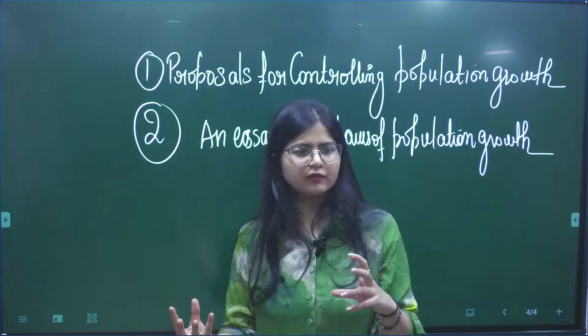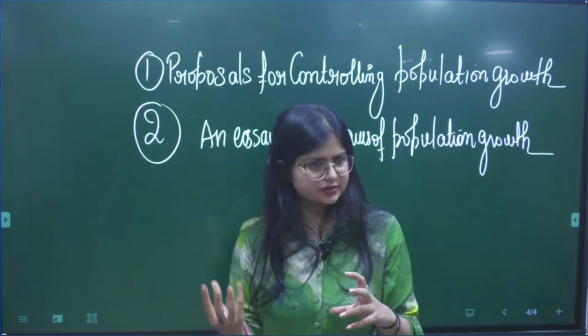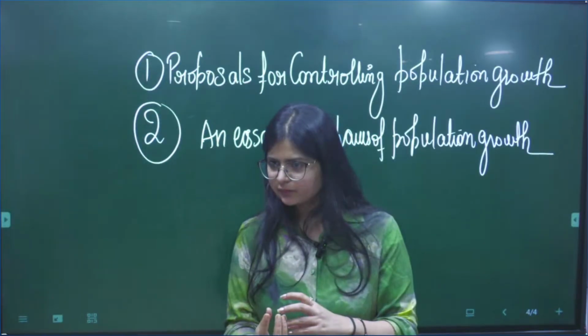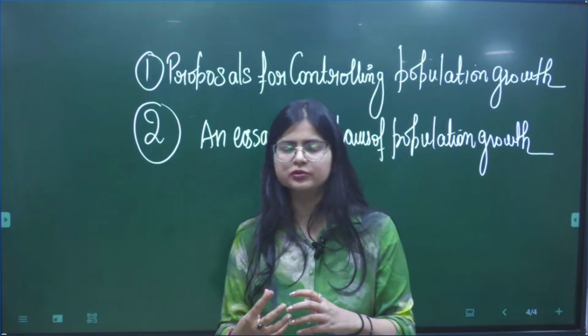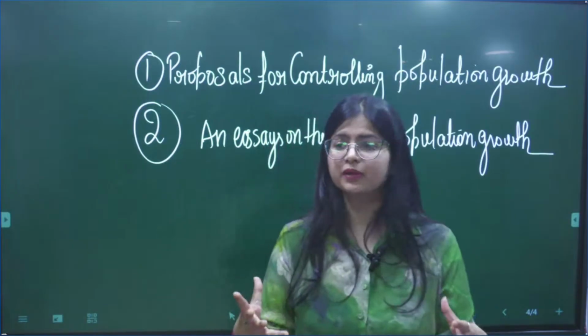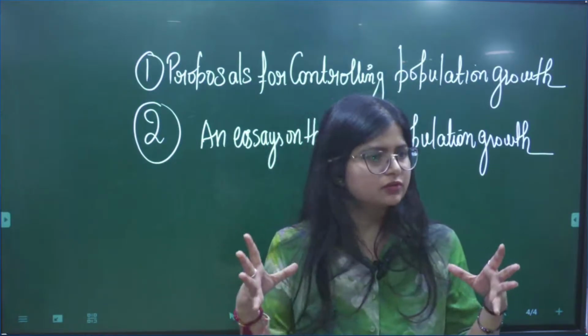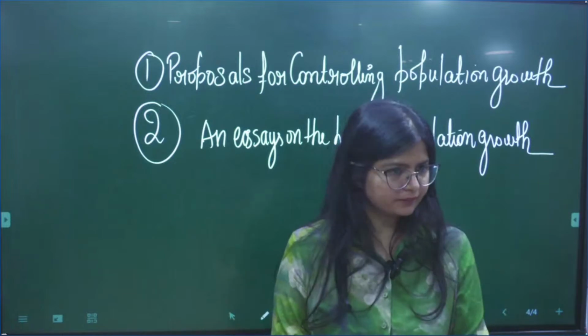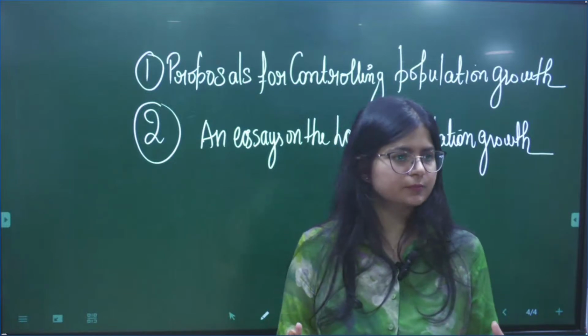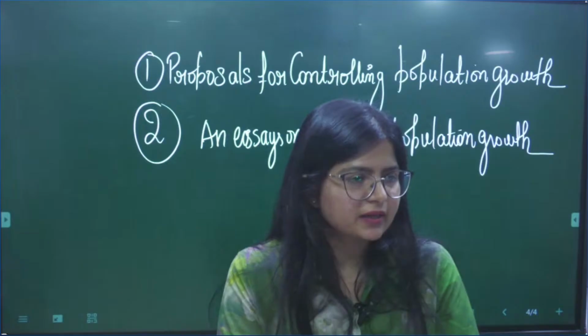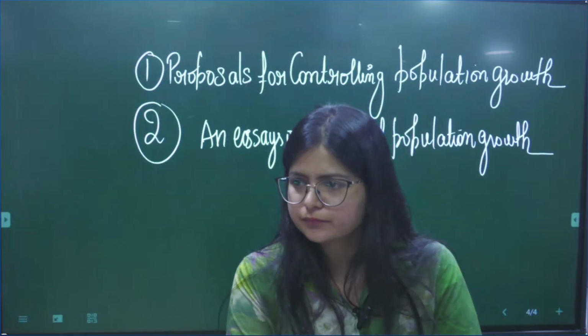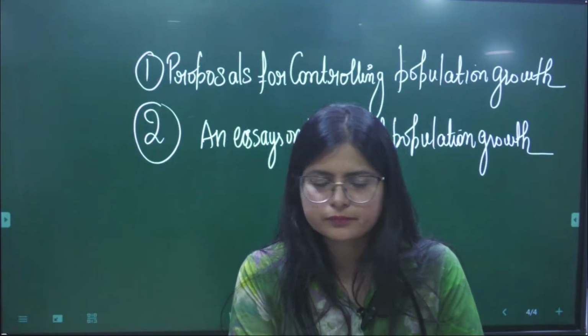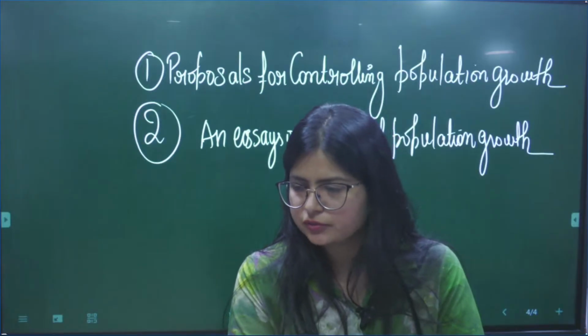Now the second way of influencing the people or citizens is schemes, right? Through different schemes you want to tell the people that you should bear the child so that you can sustain well. For example, there was a scheme in India that we had. What was the name of that scheme? Yes, for population.